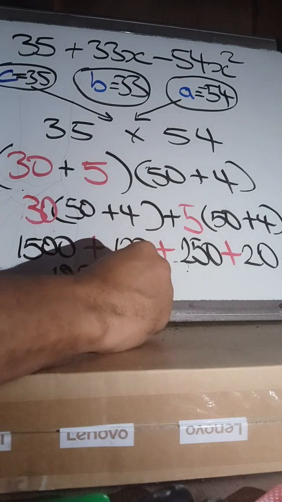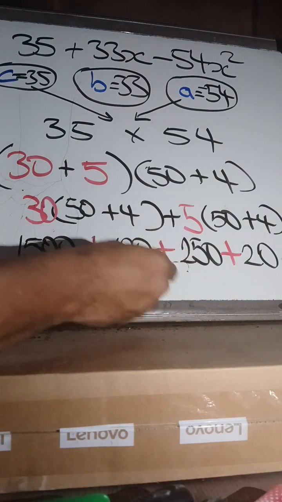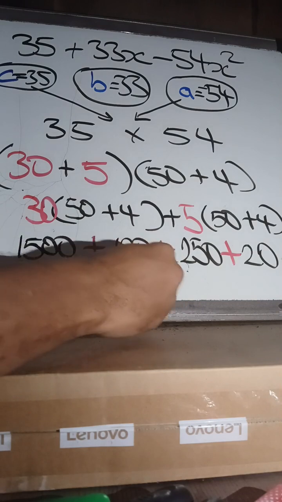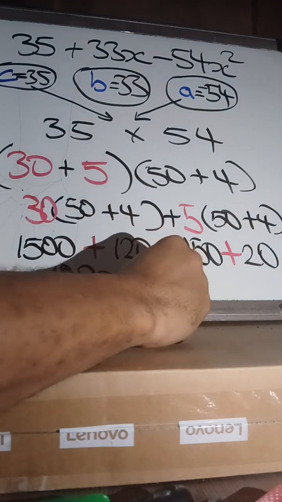Then if you add it to itself, alright, so 1890 would go up to 3,780.